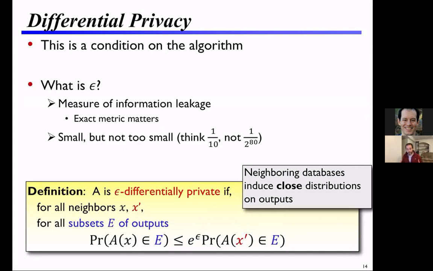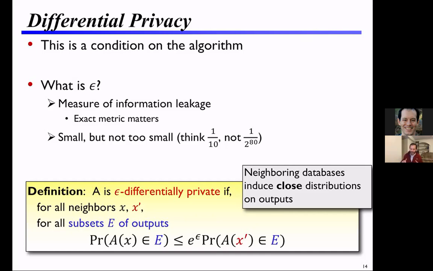The other thing to notice is that this definition is parameterized by this number epsilon. So what is this epsilon thing? It's some kind of measure of information leakage. You can think of it as a measure of closeness between two probability distributions. It provides what mathematicians call a metric, in the sense that it satisfies the triangle inequality.